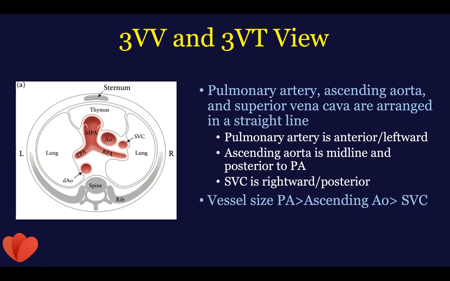In a normal arrangement, you have a pulmonary valve that's anterior. It starts first and it's the most left, then the aorta, and then the right SVC. Again, the size of the pulmonary should be the biggest, then the ascending aorta, then the SVC. So always making sure the pulmonary is the most anterior and the most leftward.